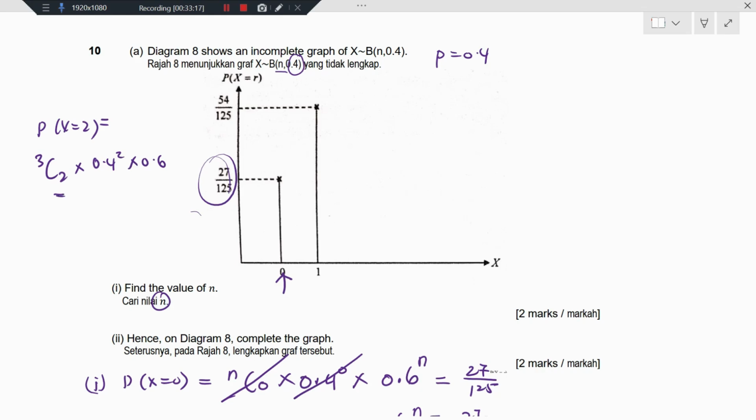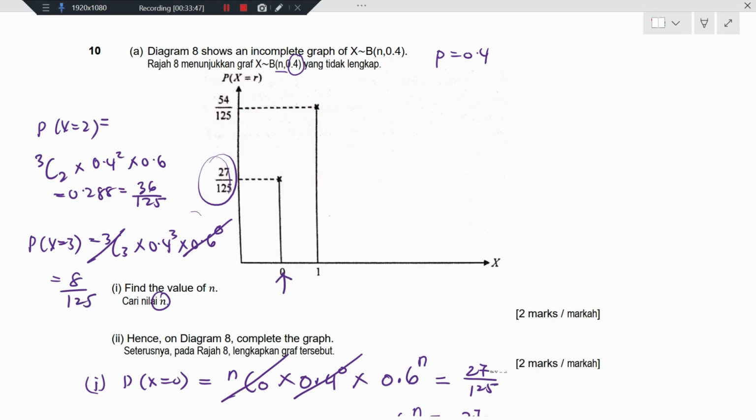So this is 0.288, which I want to express in fraction so that I know exactly where it is: 36 over 125. And also calculate x equals to 3 as well. 3C3, 0.4 power 3 and 0.6 power 0. Cut. So it's 8 over 125.